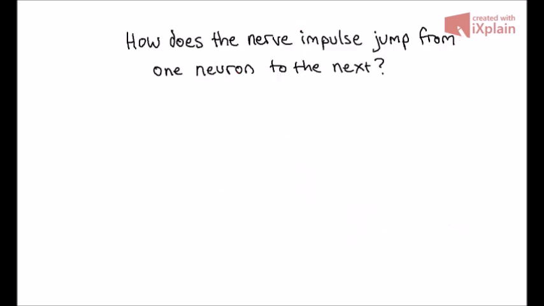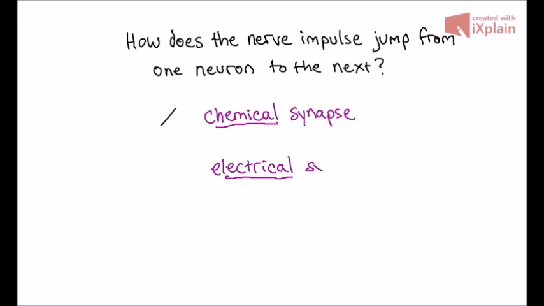So how does the nerve impulse jump from one neuron to the next? Well, there are two ways, depending on the type of connection and depending on the type of synapse. There is a chemical synapse, and there is an electrical synapse. Now the chemical synapse, this is the type of synapse that is the neuron to neuron connection.